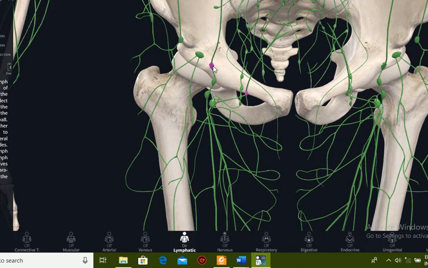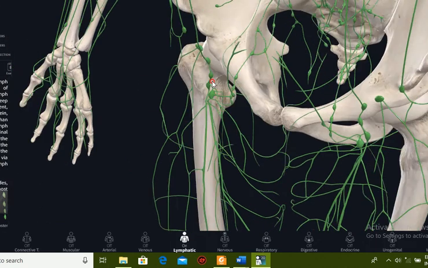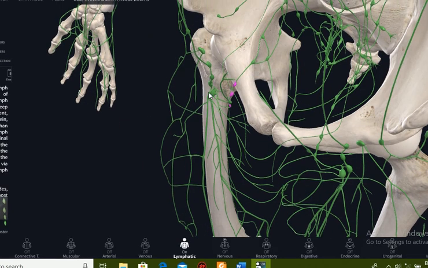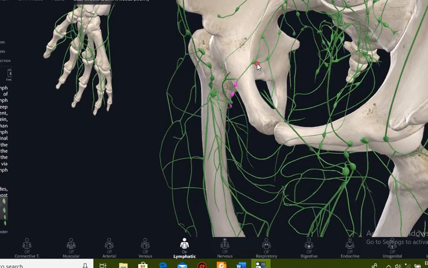This one here is the superomedial superficial inguinal lymph node, and this one here is the deep inguinal lymph node. The superficial inguinal lymph nodes are all going to give their fibers to the deep inguinal lymph nodes.